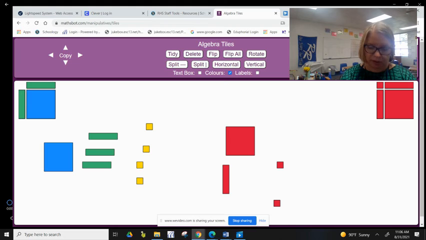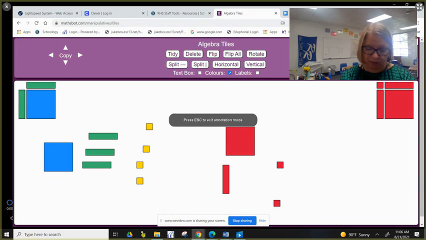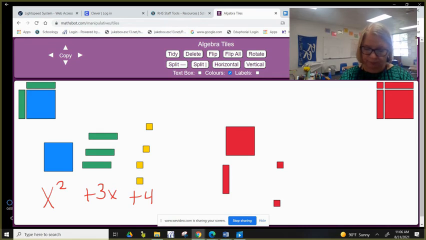Okay, let me write this on here for you. So this is x squared, this is 3x, this is 4, and then this is minus x squared and minus x and minus 2.